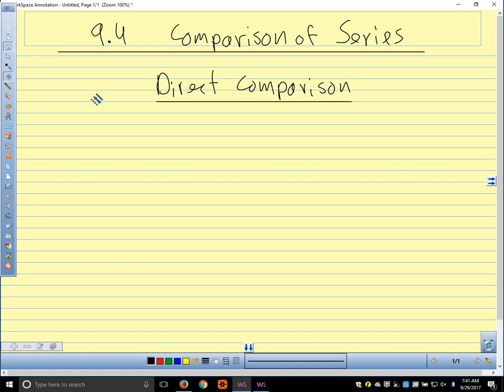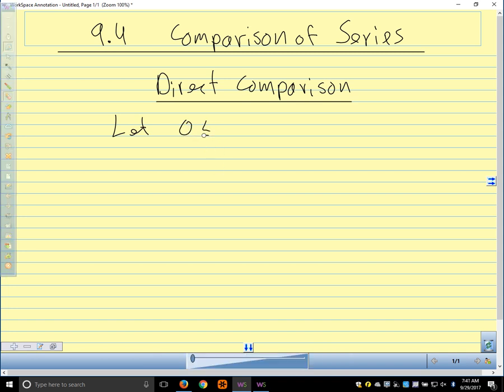Direct comparison is exactly like it sounds. So we're going to say that 0 is less than, not less than or equal to, less than the terms of one series, and that's less than the terms of another series for all n.